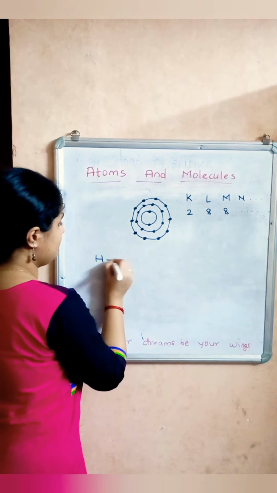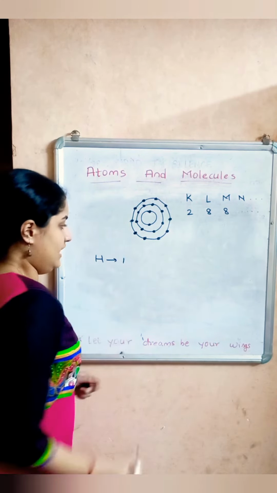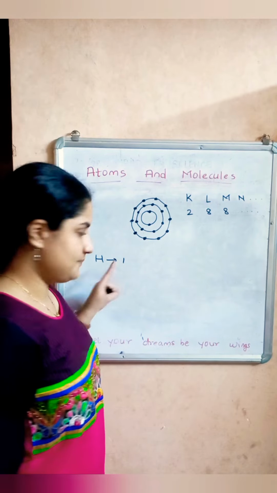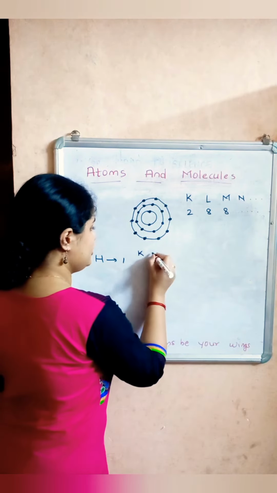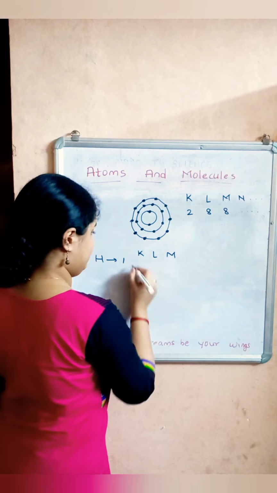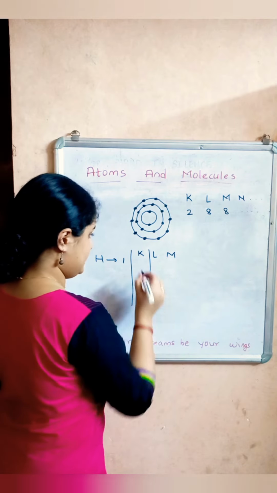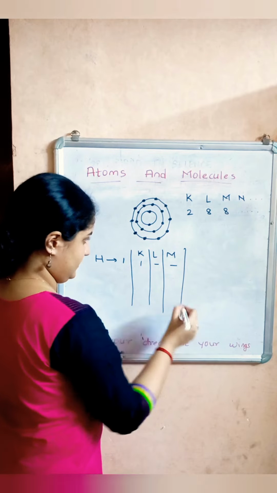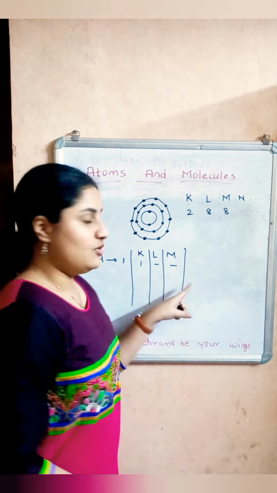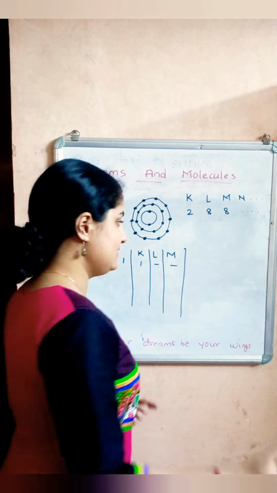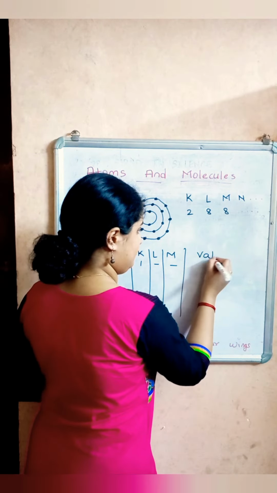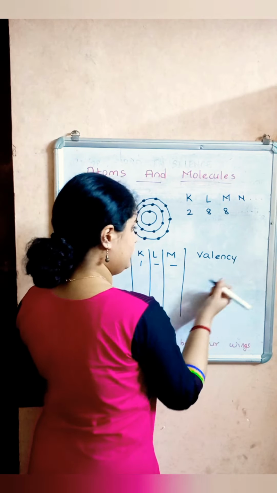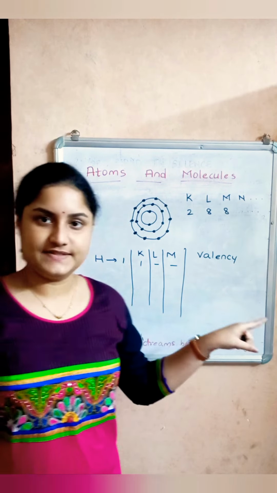Now say suppose there is hydrogen. Its atomic number is 1, right? So how will the shells be filled? It will be 1, right? So now you have to find something known as valency. Now what is this valency?